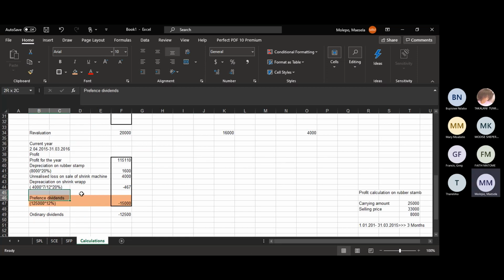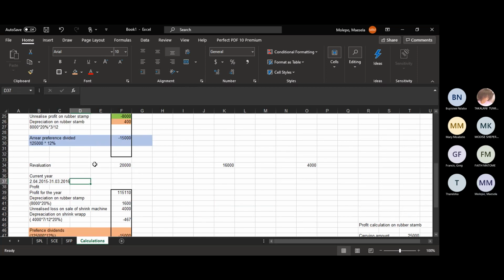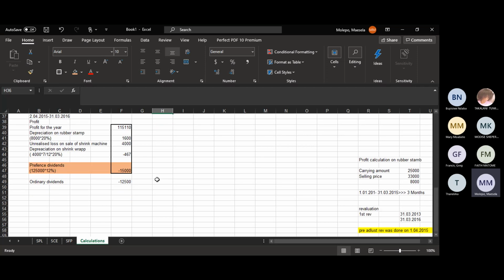We only show this if he has the preference shares. As per the investment, you see he purchased 100,000 ordinary shares and also purchased 50,000 cumulative preference shares of 57,500 in the books of Hadebe. Okay, the figure for the profit.